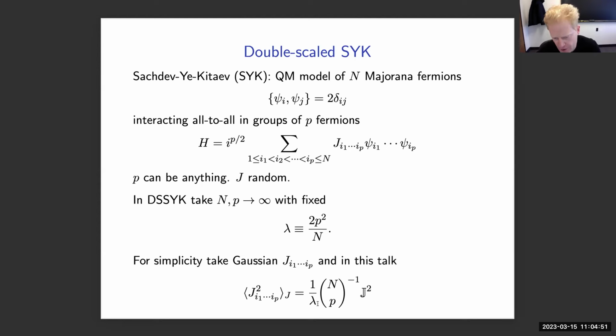In double-scaled SYK, we usually normalize it without this factor of 1 over lambda. It's not very important, but I added this coefficient of 1 over lambda because in the limit of lambda going to 0, which I'll discuss in a moment, this bold-faced J will be the same as the coupling used in Maldacena-Stanford. So this is just some convenient normalization.